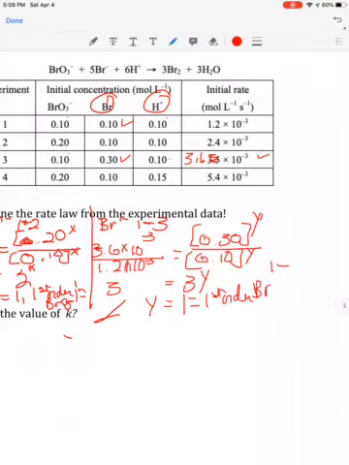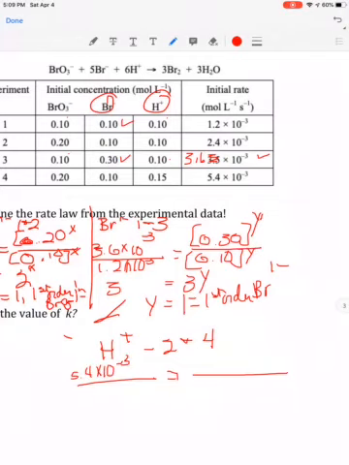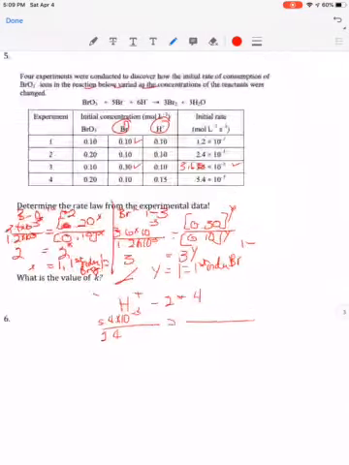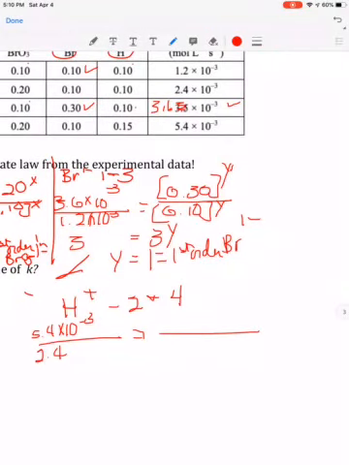And then the third reactant I'm going to write down here is hydrogen 1, or hydrogen plus. And for this, let's use trials 2 and 4. Trial 2, I've got 5.4 times 10 to the minus 3rd, and I've got 2.4 times 10 to the minus 3rd, and I believe that is 2.25.